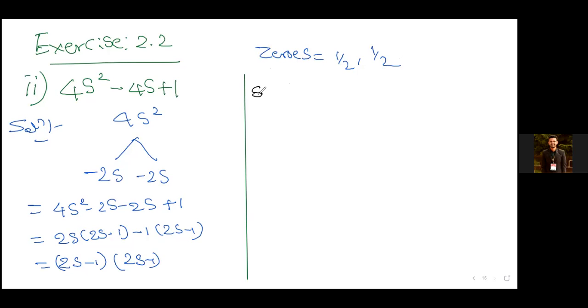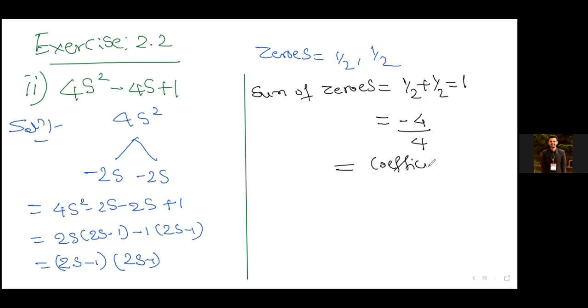Now the sum of zeros is equal to 1 by 2 plus 1 by 2 is equal to 1, and I can write this as minus of minus 4 upon 4, because this is equal to minus coefficient of s upon coefficient of s square. You can see here the coefficient of s and s square, they both are 4 here.